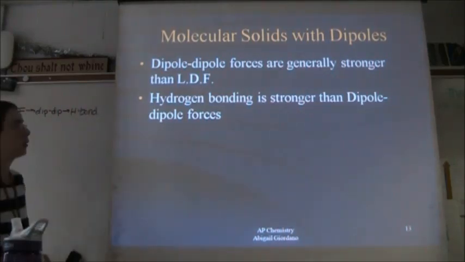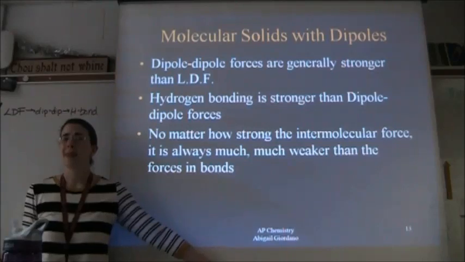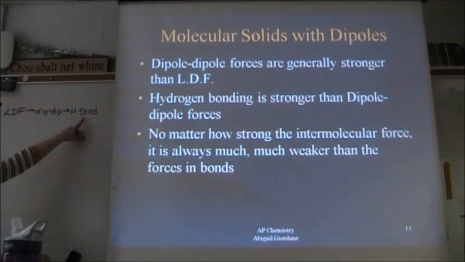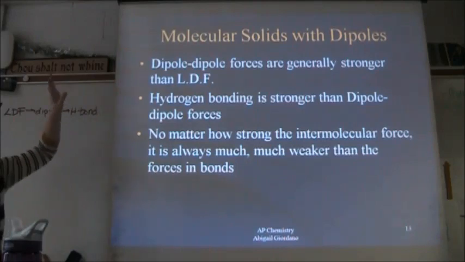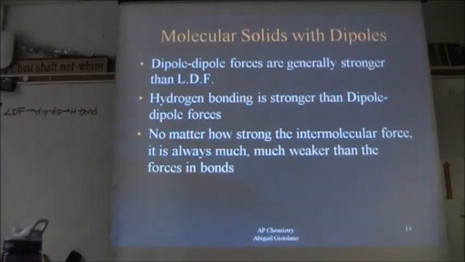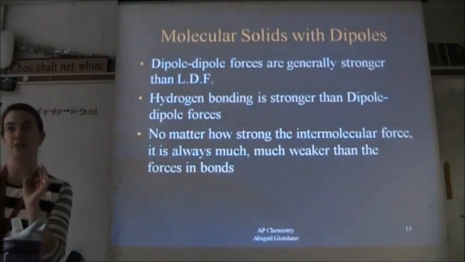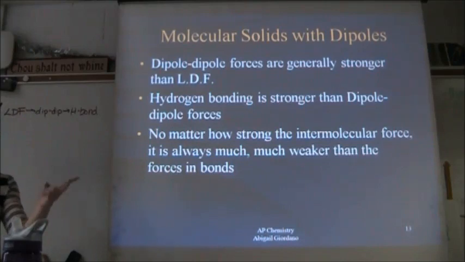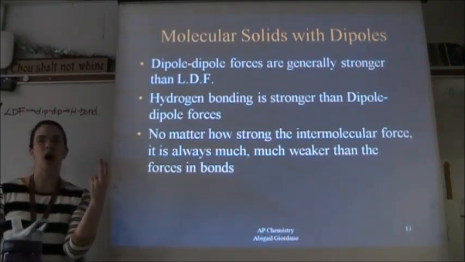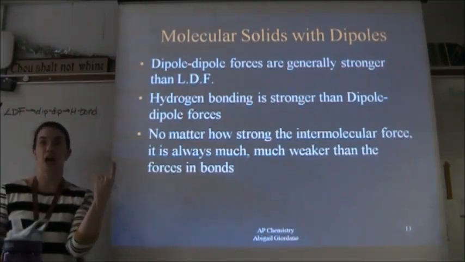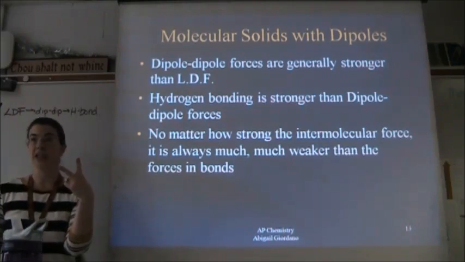But ladies and gentlemen, I want you to understand, even hydrogen bonding, that is the strongest intermolecular force, is not even close, not even in the ballpark, to the strength of an intra-force. What are the two types of intra-forces? Ionic and covalent.